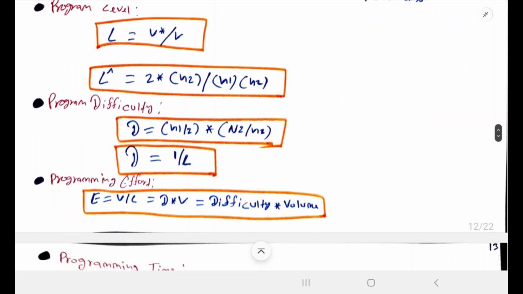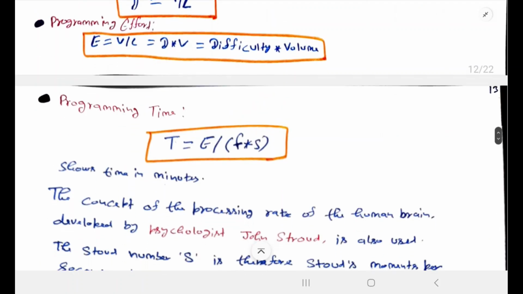Next one is programming effort. Programming effort will be E equal to V upon L, and the other formula is D into V, that is difficulty into volume. By these formulas we can find these parameters as well.